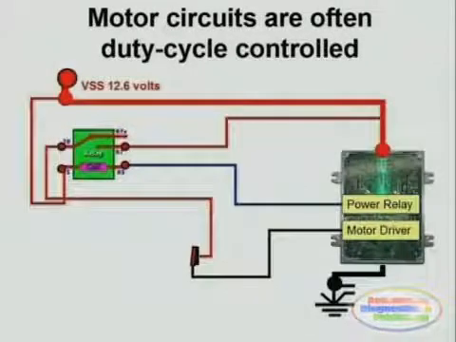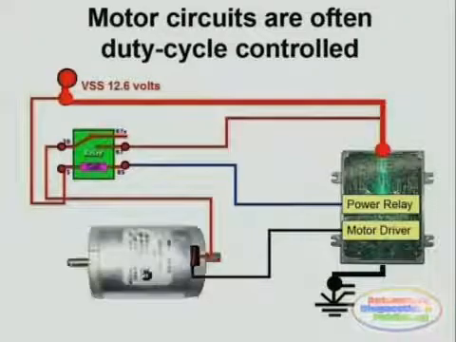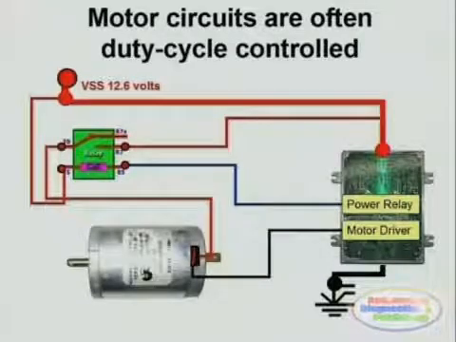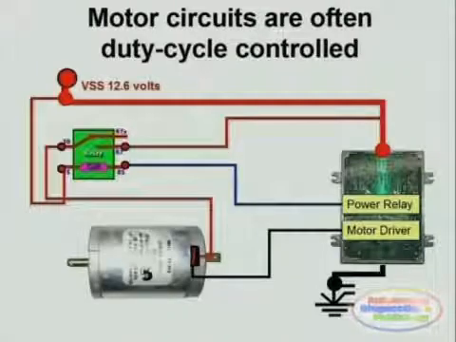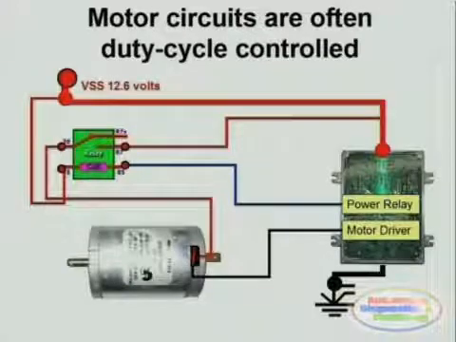Again, duty cycle control motors are employed in a very wide arrangement of different applications. In this particular case, we see how a fuel pump motor is controlled. You see a relay applying the voltage supply line to the motor.